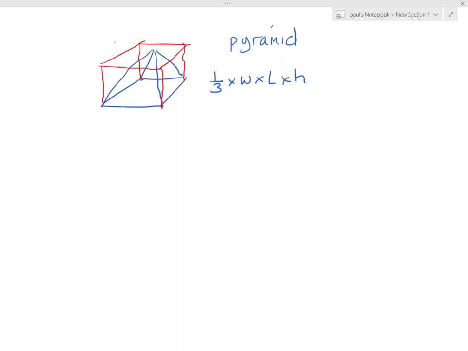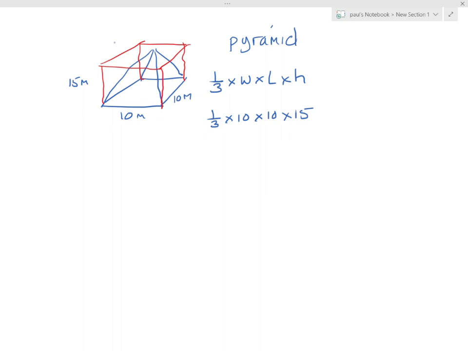So if this is 10 meters and 10 meters, and we call the height 15, because that divides by 3, so we should be okay. So this is going to be 1/3 times 10 times 10 times 15.